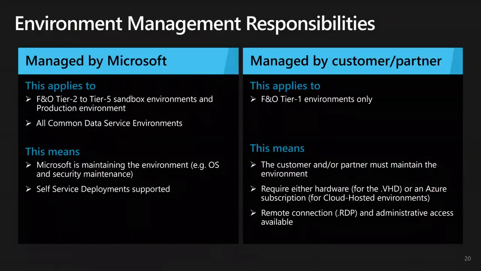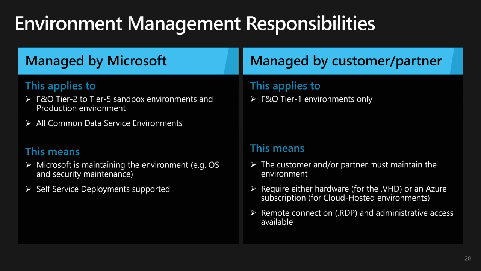Next, let's talk about the environment responsibility. Basically, except for the F&O Tier 1 environment, all the other F&O Tier 2 to Tier 5 and production environments and all the CDS environments are managed by Microsoft. This means Microsoft is responsible for the infrastructure management, for example, applying security patches to your OS or maintaining the OS.